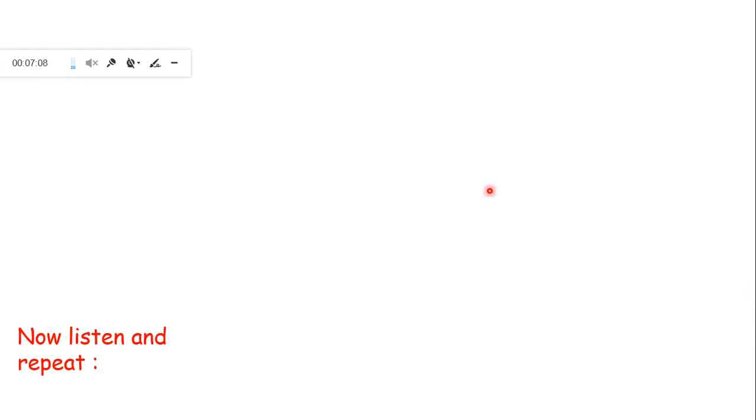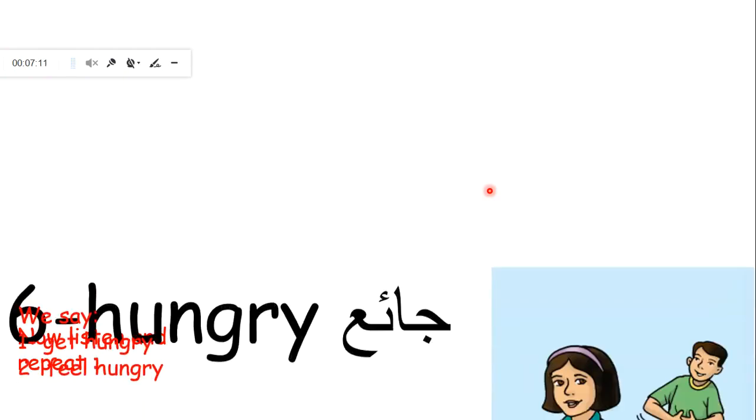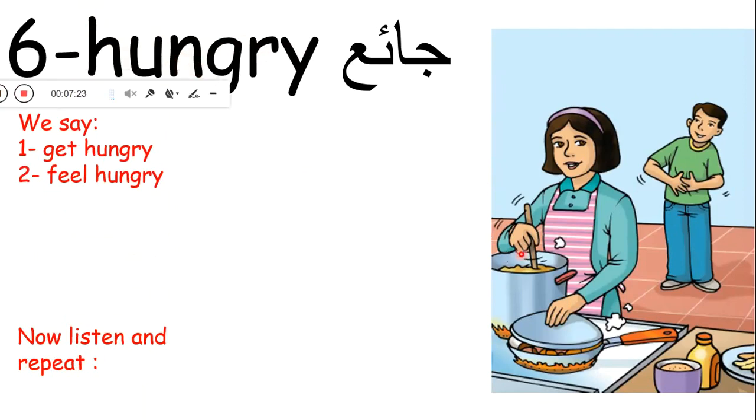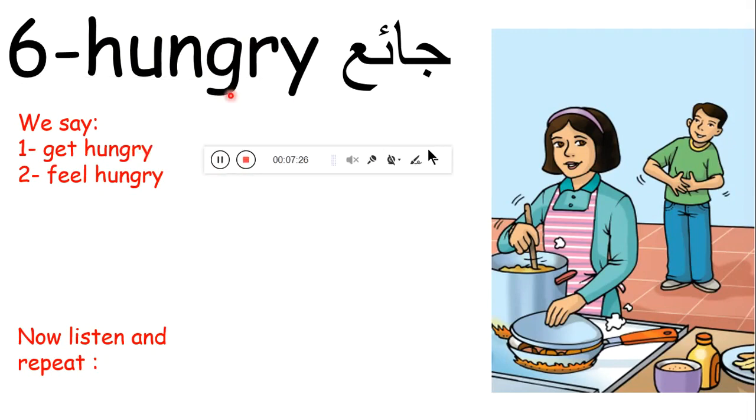Now let's move to the sixth word, which is hungry. Hungry, which means جائع. As you see in this picture, the boy is very hungry. We say get hungry يعني يصبح جعان أو يجوع.